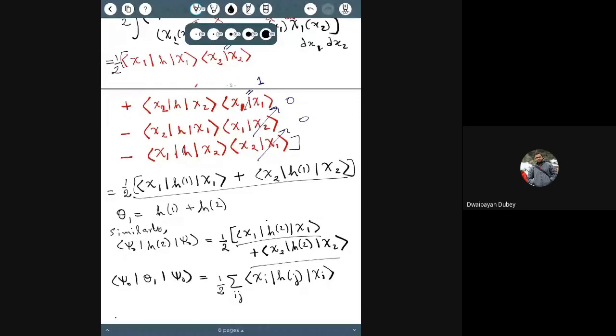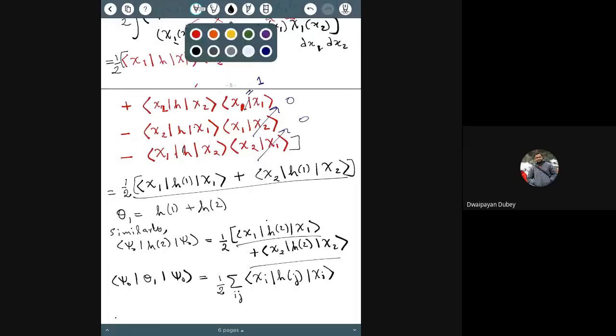This expression is fine. This expression is fine, but there is one more simplification that we can make in this integral.